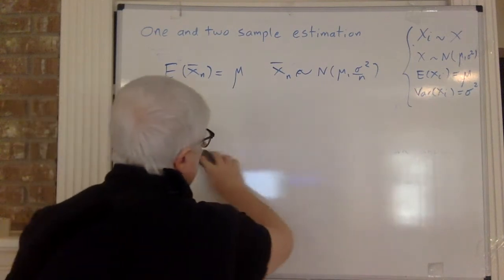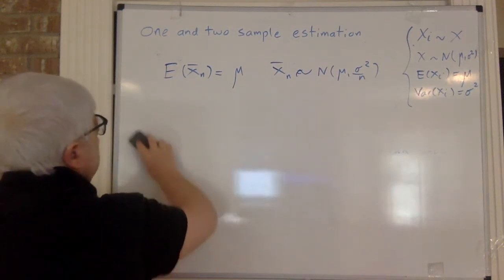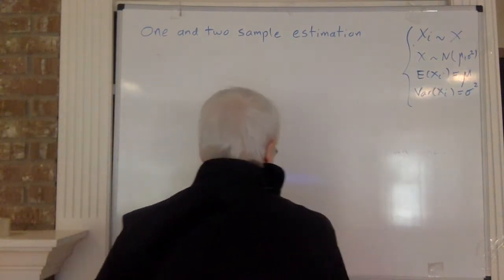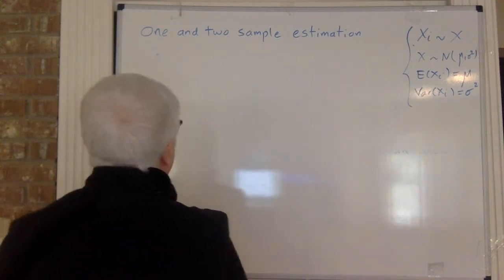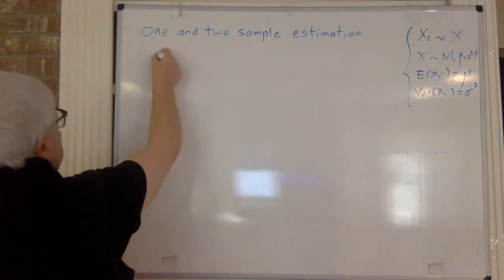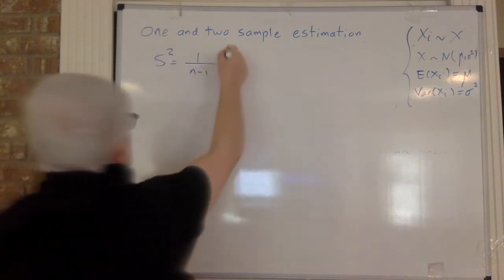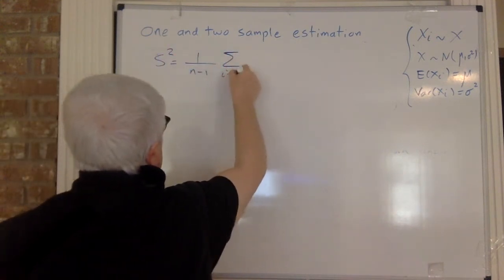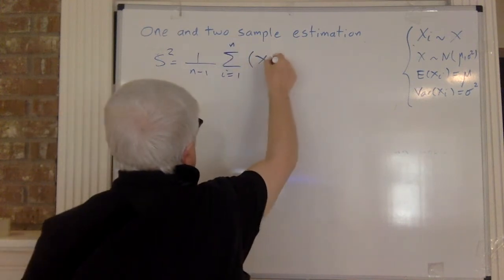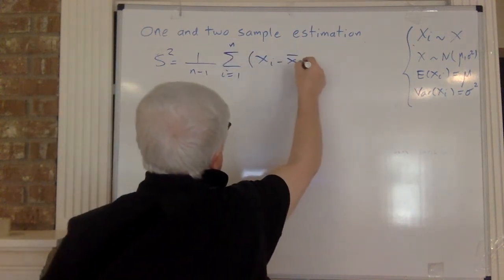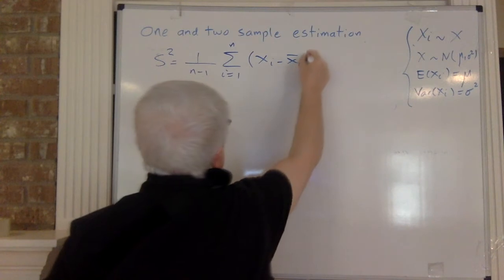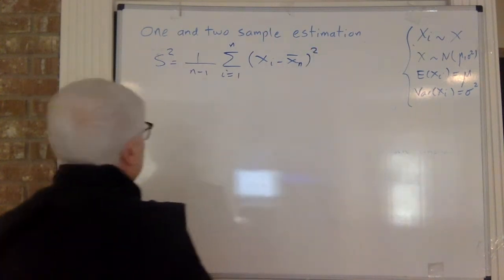Okay. Let's take the other one, S squared. Let me erase this, and S squared was 1 over n minus 1 sum of xi minus x bar squared, i from 1 to n.